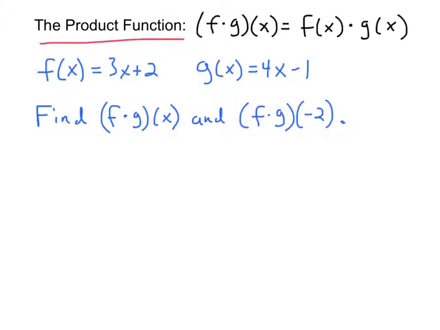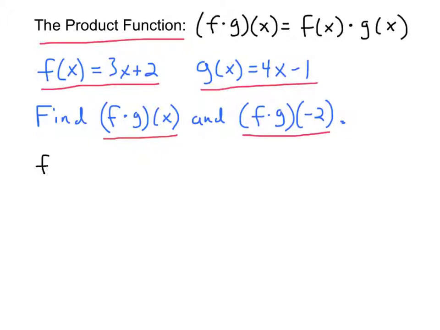So let's assume we have two functions given to us. We have f of x equals 3x plus 2, and g of x equals 4x minus 1. And we want to find f times g of x and also f times g of negative 2. So let's first start by finding f times g of x.